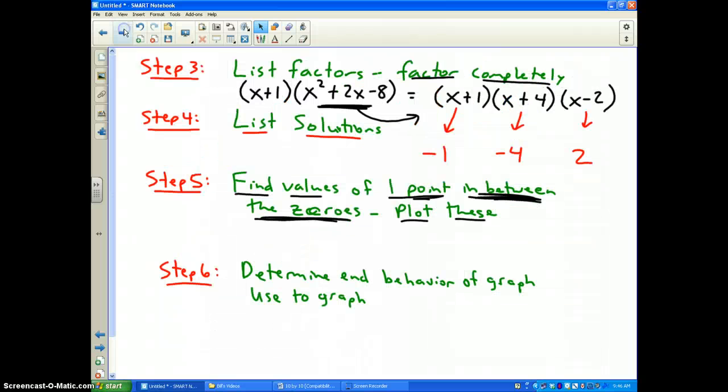So I'm going to go back here, and let's take our function f and find the value at -3, and let's take the function f and find the value at +1.